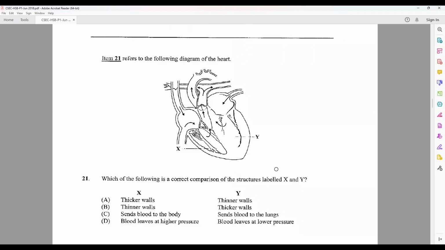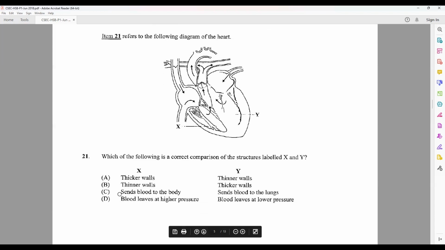Item 21 refers to the following diagram of the heart. Which of the following is a correct comparison of the structures labeled X and Y? We read through all the choices.